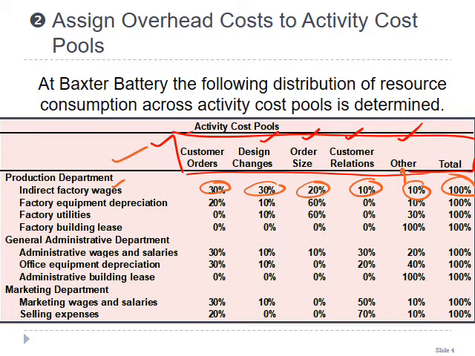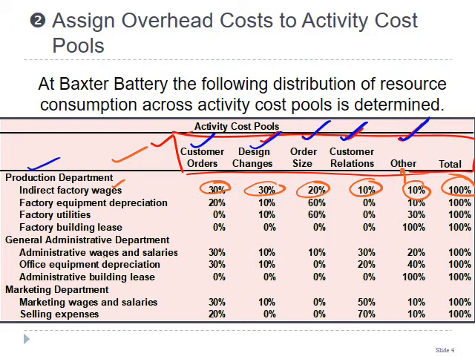Now you can easily understand that in the first step we basically identify our cost pools, right? And our cost driver as well. So who drives our customer orders? Number of orders, right? Who drives our design changes? The number of design changes requested. It's like that.